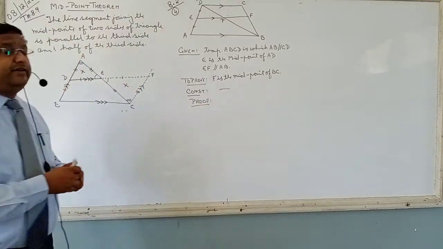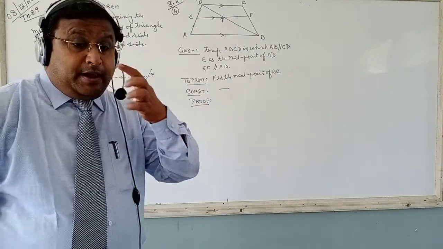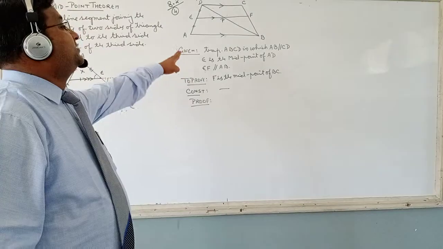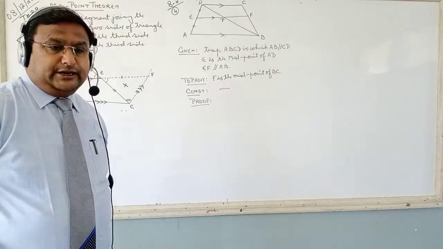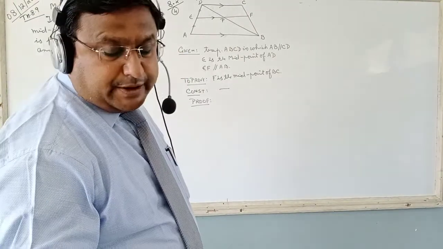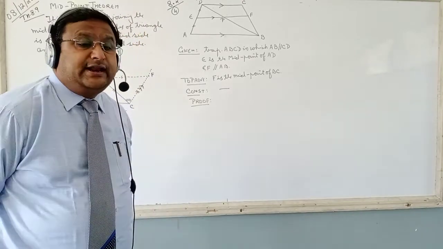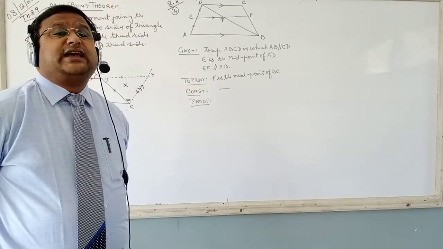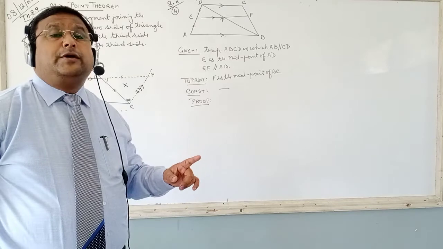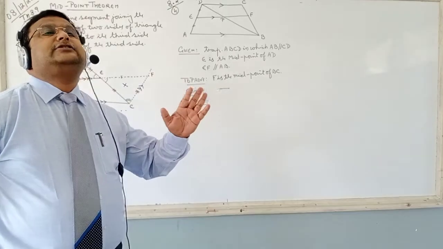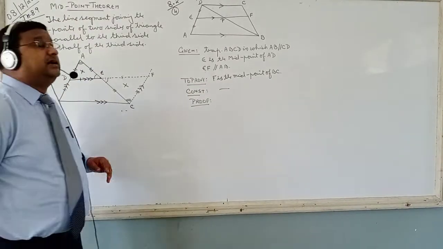The previous question that we did was on the midpoint theorem. Now this question is on the converse of the midpoint theorem. What was the converse of the midpoint theorem? Theorem 8.10 says that if a line is drawn through the midpoint of one side of a triangle, parallel to another side, then it bisects the third side.